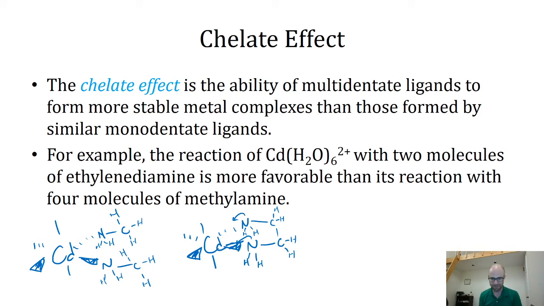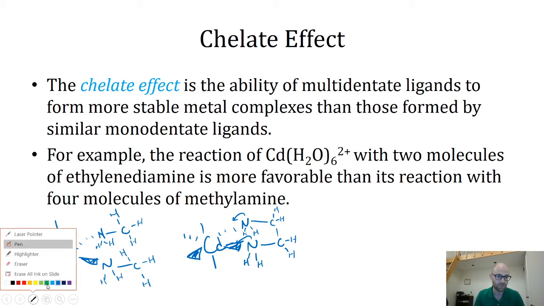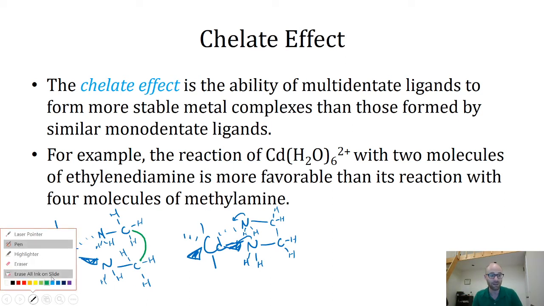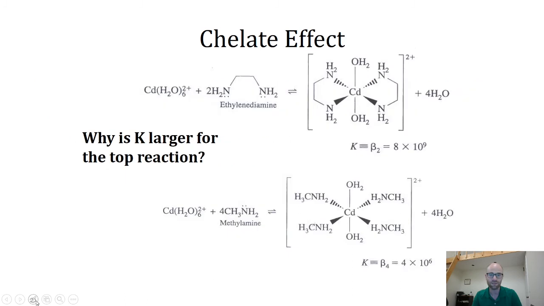If there is a difference in trading out waters for methylamines versus trading out waters for ethylene diamine, that means that the chelate effect is the reason for it, because the only difference is whether or not these 2 carbons, and I'll draw it in a different color to be less confusing, are attached by some sort of bond, and what effect that bond actually has. So let's take a look.